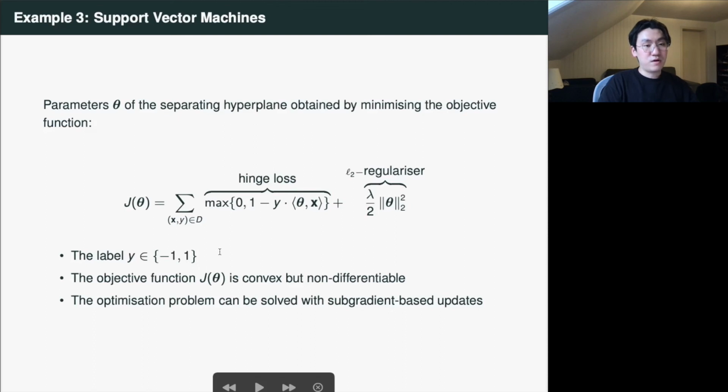The objective function is similar to the one for the ridge linear regression, except here we use the hinge loss function instead of the square loss function. This hinge loss function makes the objective function non-differentiable, so we have to optimize the objective function using subgradient-based updates. I will show next how we can capture the required computation by a batch of queries.